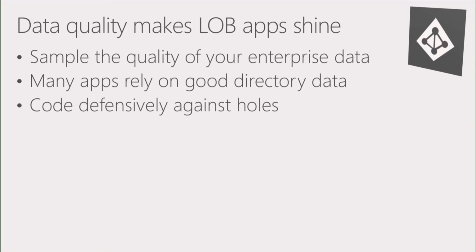So use the Active Directory component of Microsoft Graph to check where you are on that, and then perhaps pull in better quality data from a source like an HR application and synchronize that in via Microsoft Graph to bring that quality up, to then let our applications run well.